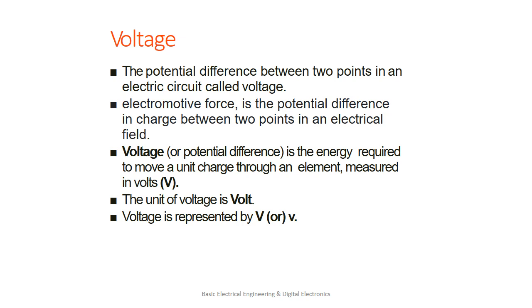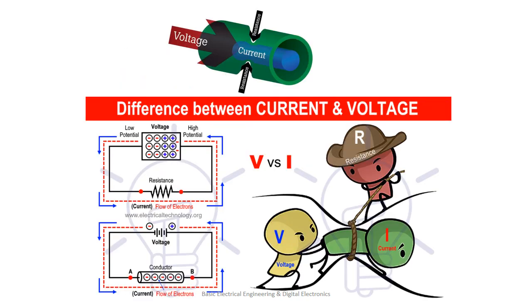Its unit is the volt, denoted by capital V. This is the analogy to differentiate between current and voltage. As shown in the figure, voltage drives the free electrons, and similarly it is the electromotive force. Current is the flow of charge, and resistance opposes the flow of charge. This is the basic analogy to differentiate between current and voltage, which we can see in that diagram.